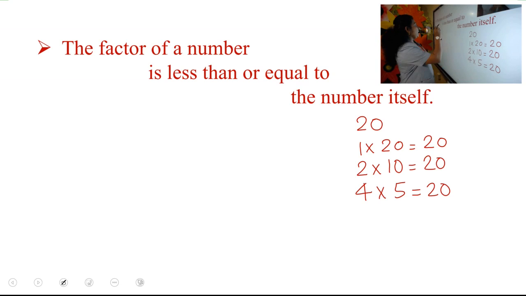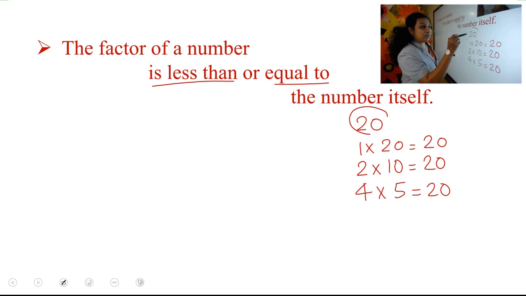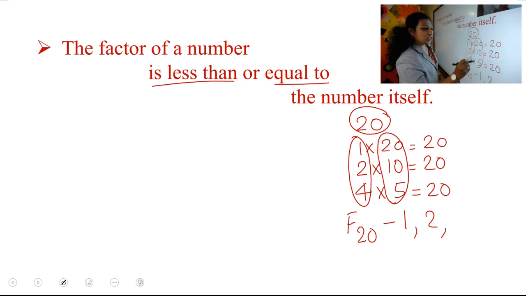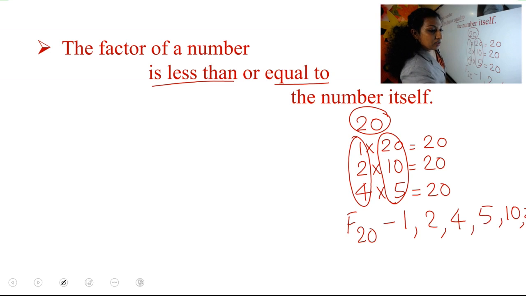Look at the factors. Here it is told the factor of a number is less than or equal to the number itself. This is our number 20. So, the factors of 20 are 1, 2, 4, 5, 10 and 20.